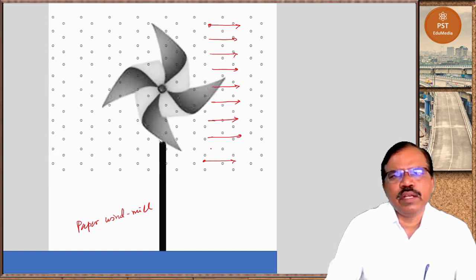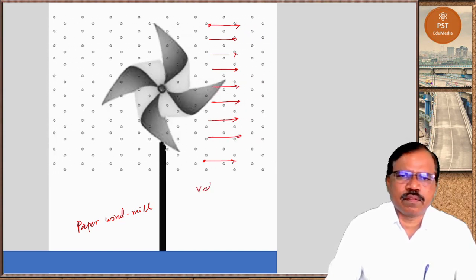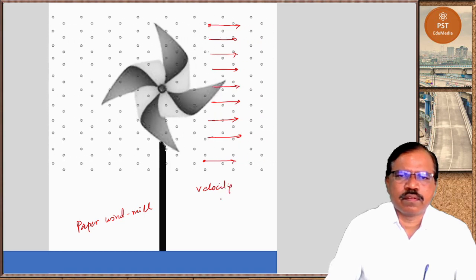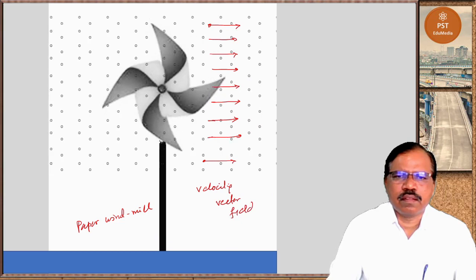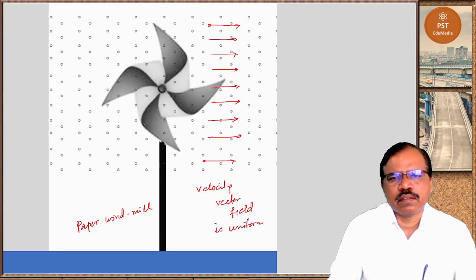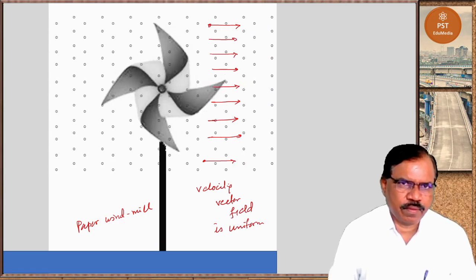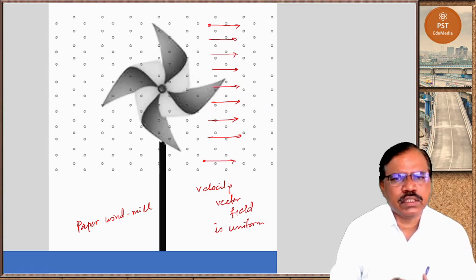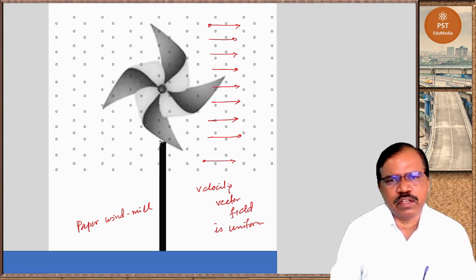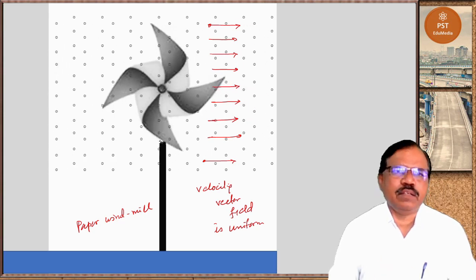So here the velocity vector field is uniform. And due to this uniformity of the velocity vector field, the windmill is not rotating.